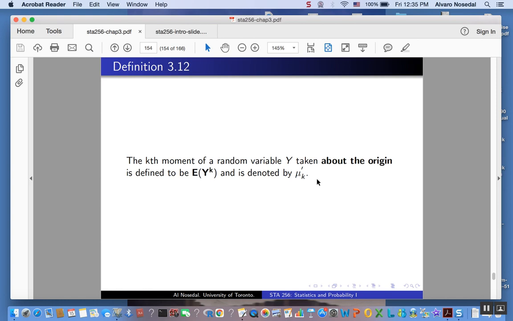Now that we have been introduced to that term of a moment about the origin of a random variable, let me show you the definition of MGF, moment generating function.